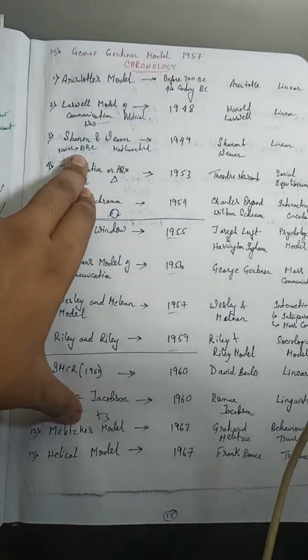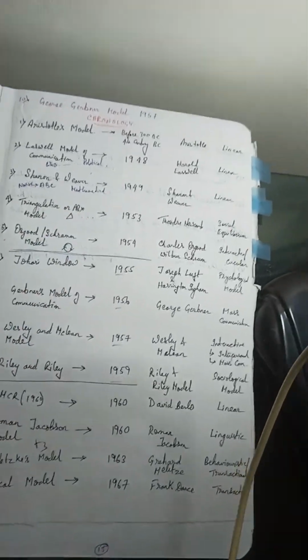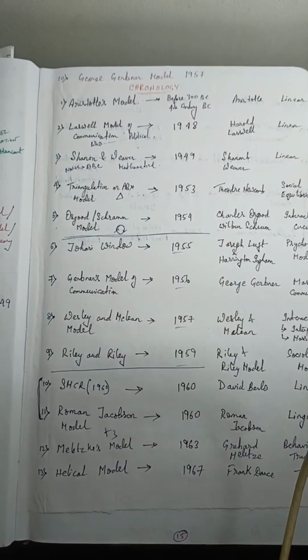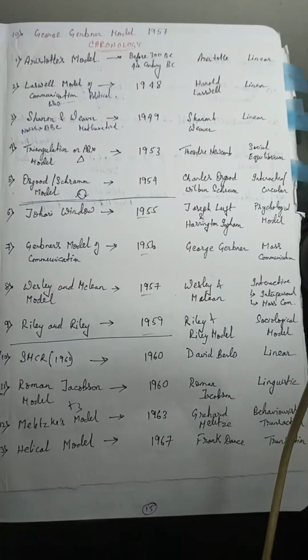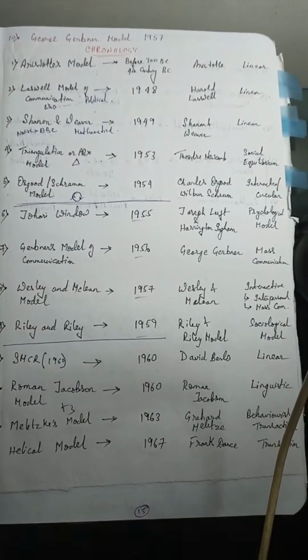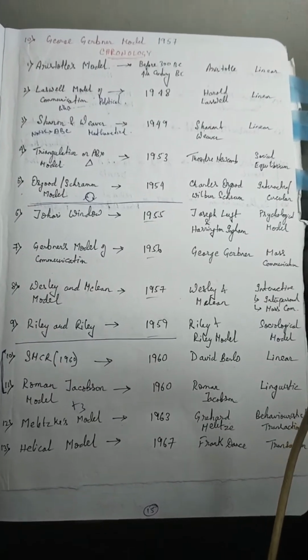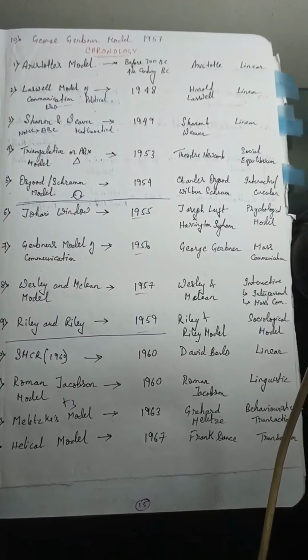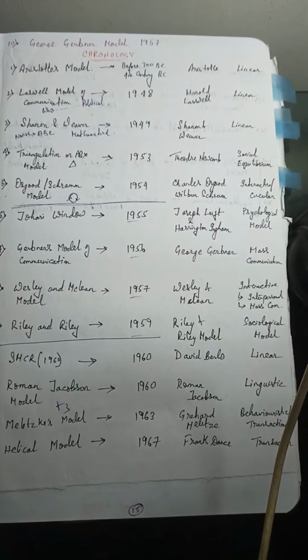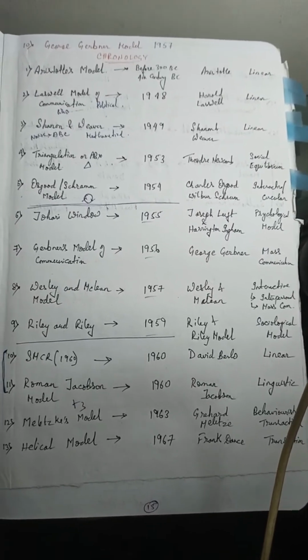The Shannon and Weaver model in 1949, made by Shannon and Weaver, is also a linear model, followed by the triangulation or ABX model in 1953 by Theodore Newcomb, also known as the social equilibrium model. The Osgood-Schramm model is from 1954, by Charles Osgood and Wilbur Schramm, also known as the circular or interaction model.